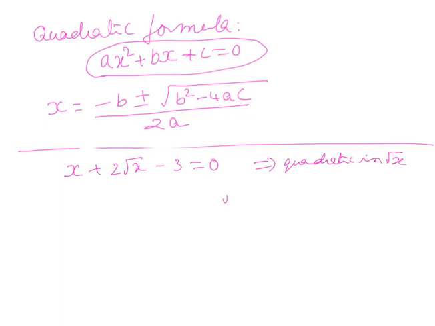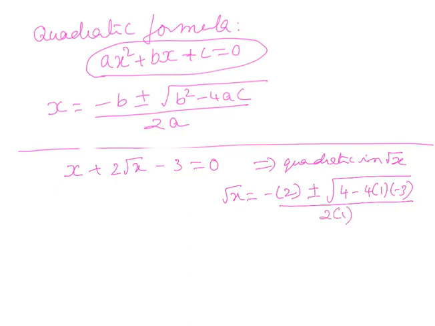Therefore, I can write root x is equal to minus b, which is negative 2, so minus negative 2, plus or minus square root of 2 squared, which is 4, minus 4 times 1 times negative 3, whole divided by 2 times 1, because my a is 1. So I get 2 plus or minus square root of 16 divided by 2.